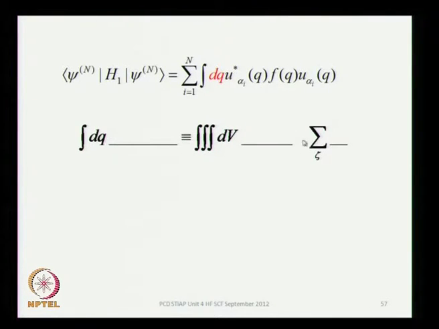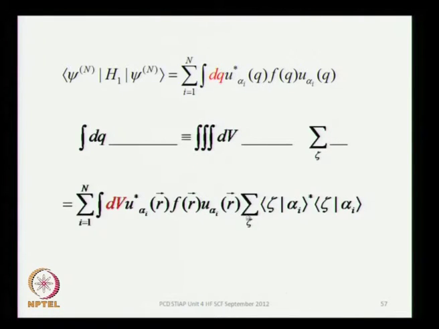So, let us use this and write this explicitly in terms of the space integrals and the spin summation. So, this is what you get: the triple volume integral over the volume element dV, then you have got u alpha I star, and the argument now is r, which is the space coordinate. So, it is this operator.